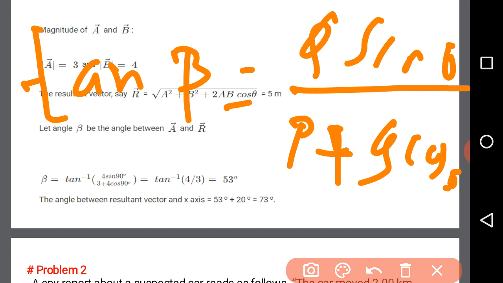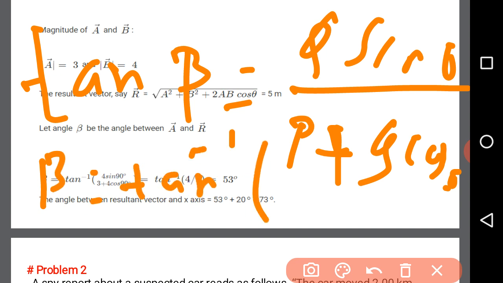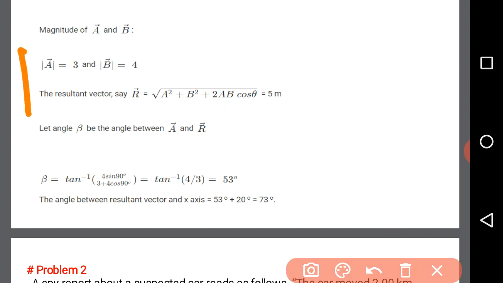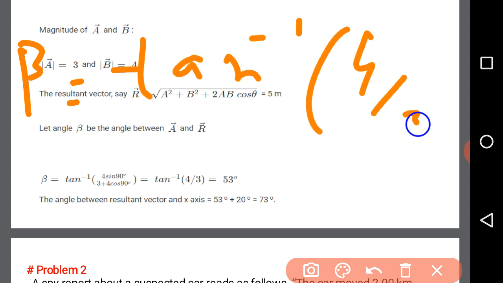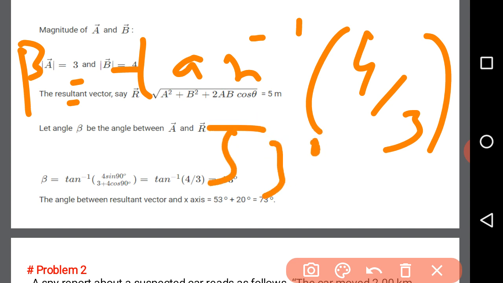So Q has value 4, sin 90 is 1, P is 3, Q is 4, cos 90 is 0. So beta is equal to tan inverse of 4 by 3, and after using a log table you can find that beta is equal to 53 degrees.